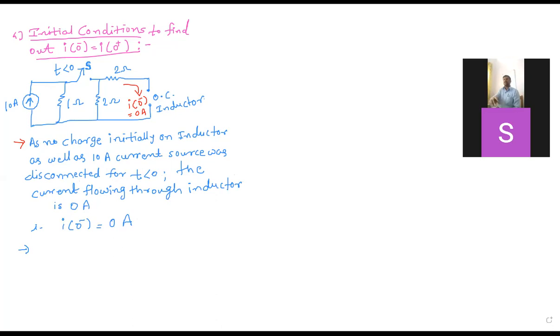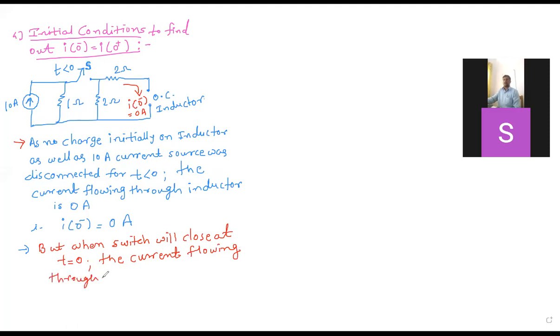But when you are closing the switch, when the switch closes at t equal to 0, the current flowing through an inductor remains the same.